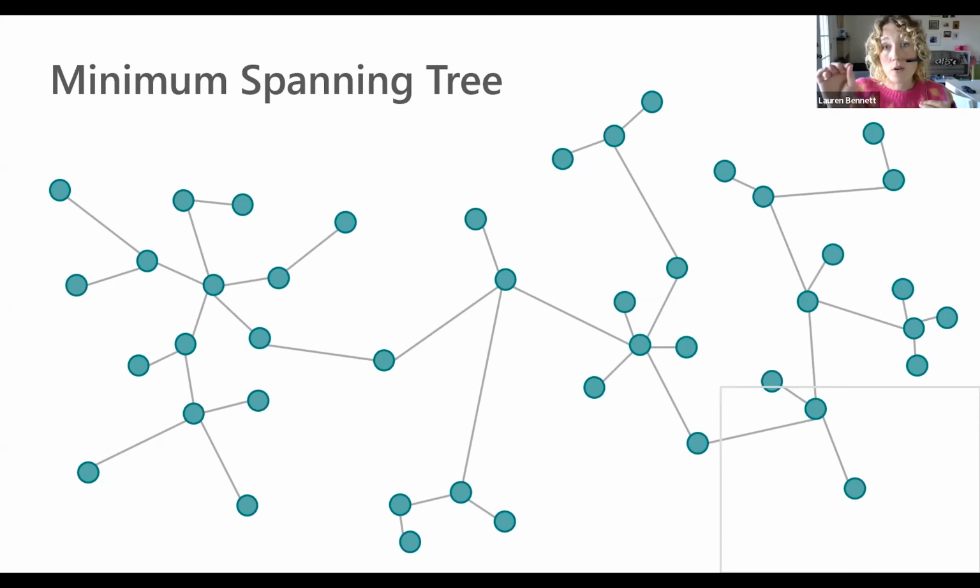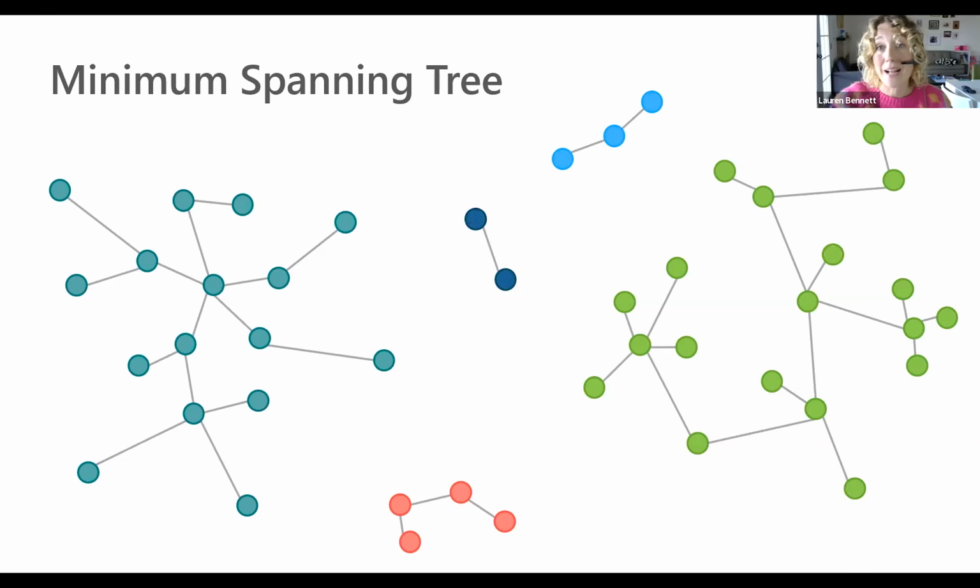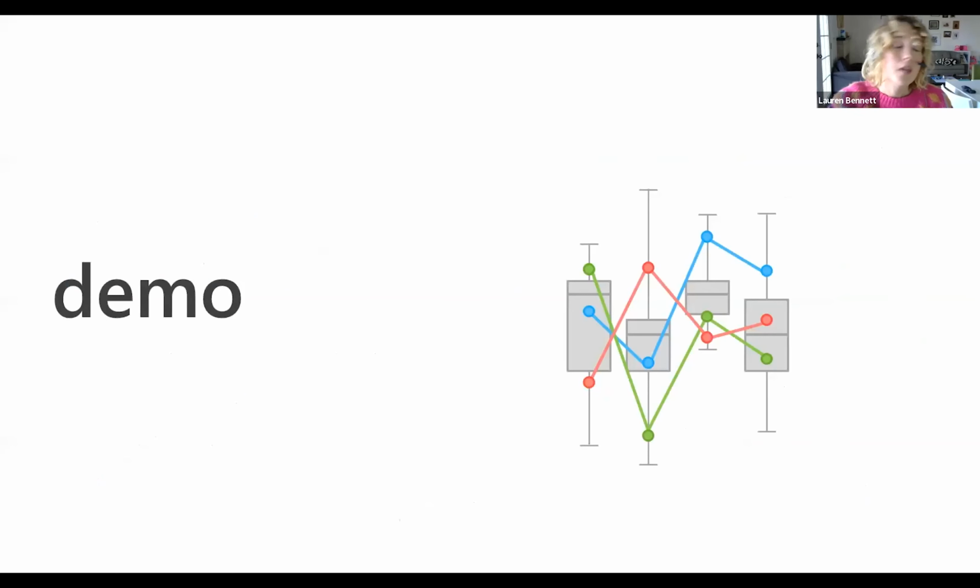The only way that you can be connected in that minimum spanning tree is to meet the spatial proximity constraints. And then the length of those lines represents their distance in data space. And what we do is we go through cutting those longest lines to create clusters. And what we end up with is, again, a map with those clusters. We have parallel box plots to help us understand them.